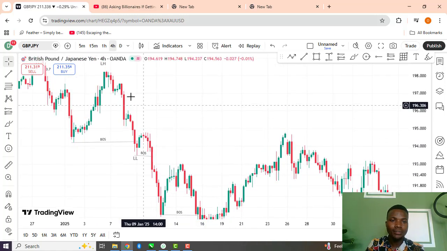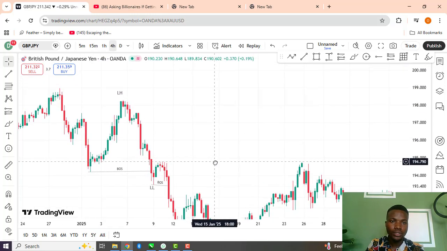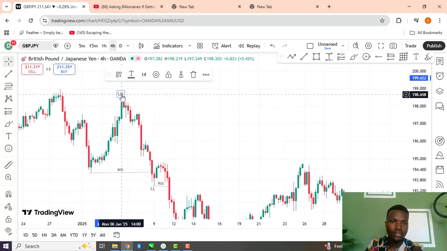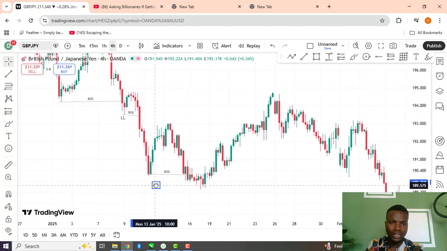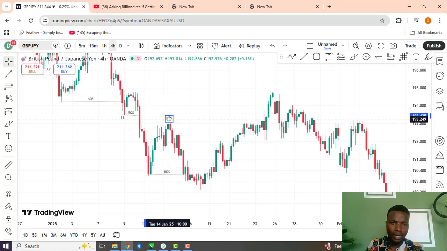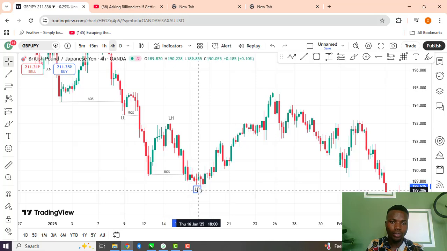So what actually happened here is that price created, let me take this to the downside, so this is our lower highs and this is our lower low.